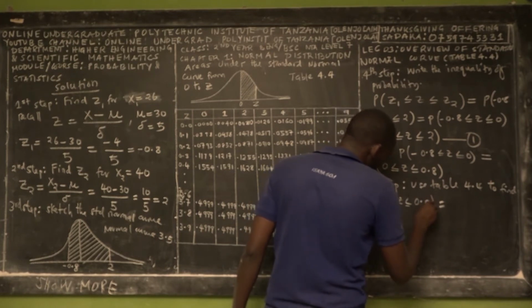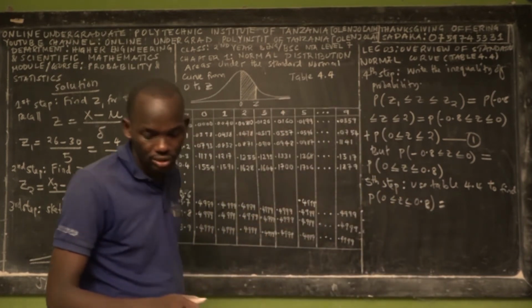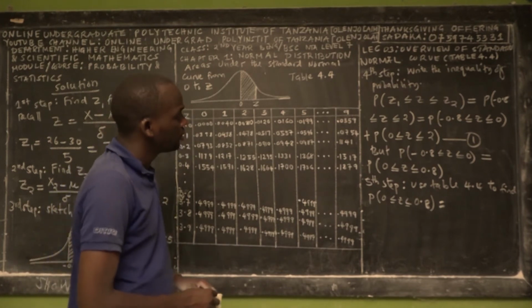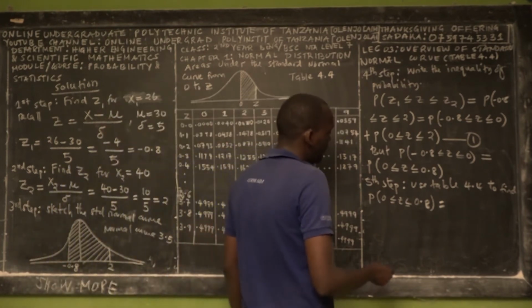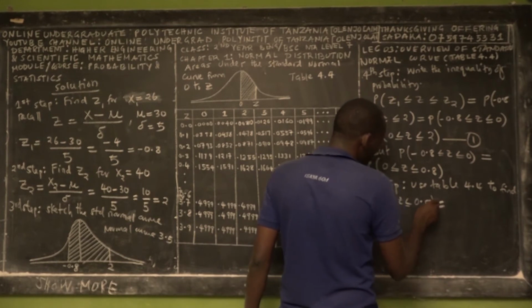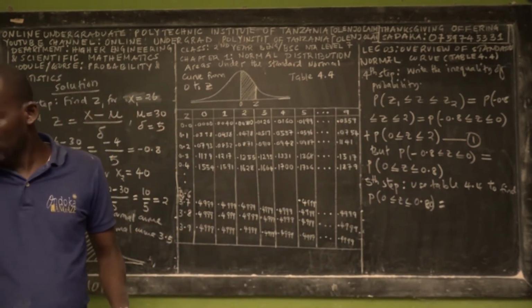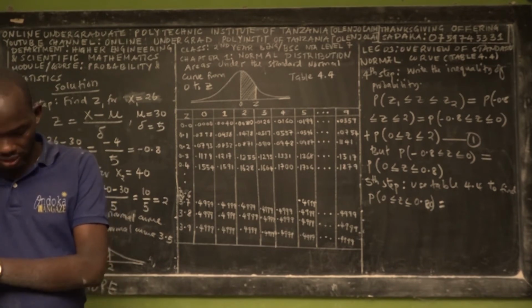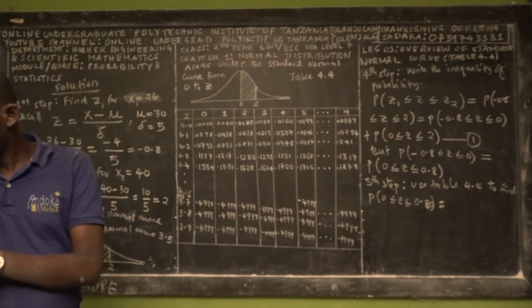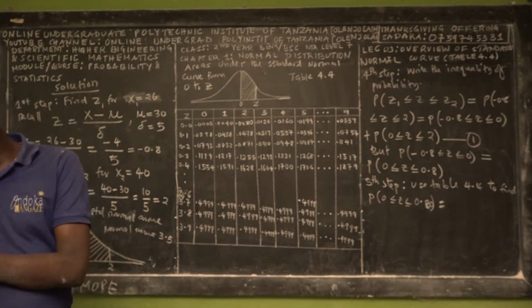So take your table, because I didn't show that column. For 0.8, remember that the second decimal place is 0. So take your table 4.4 and use it effectively to find the area under the normal curve.